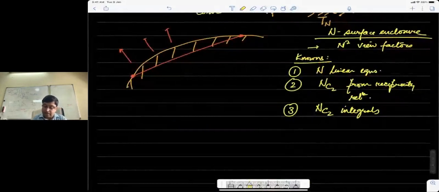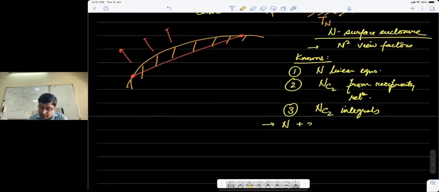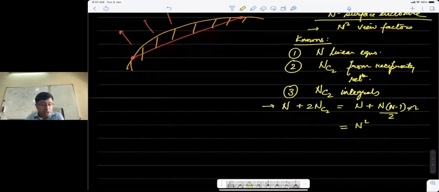So once you have these, the number of equations will be n plus 2 NC2, which is n plus n into n minus 1 by 2 into 2, and that comes out to be n square. So we then have n square equations to solve for n square view factors.